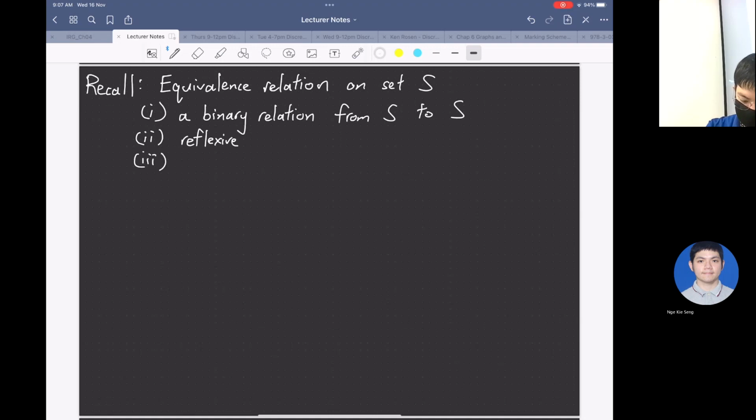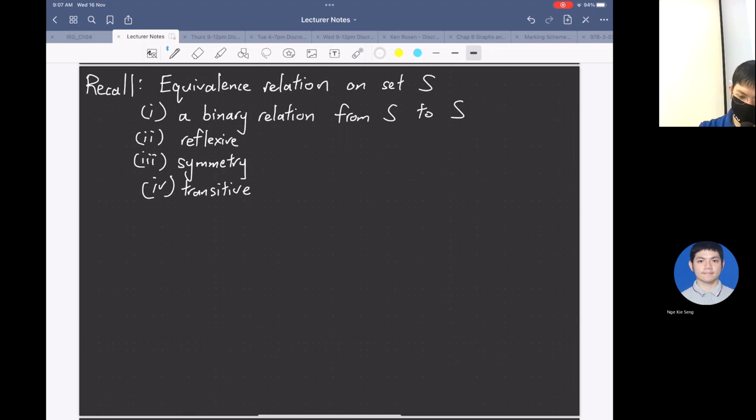Third, symmetric. Fourth, transitive. So today when we talk about equivalence relation, you should keep these four properties in mind. It's a relation that is reflexive, symmetric, and transitive.